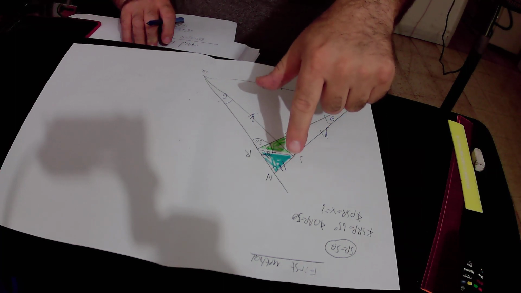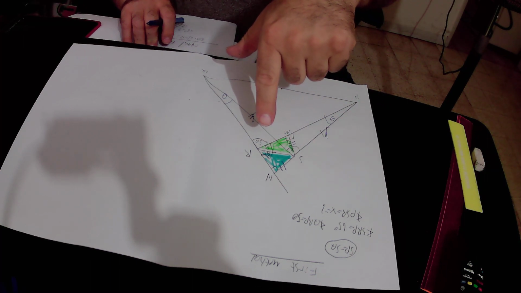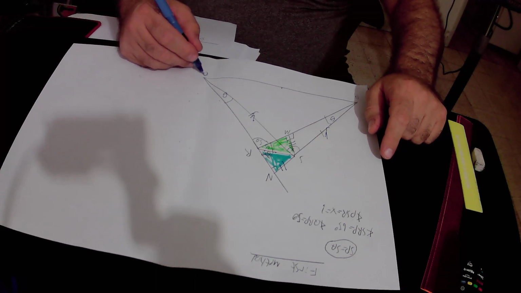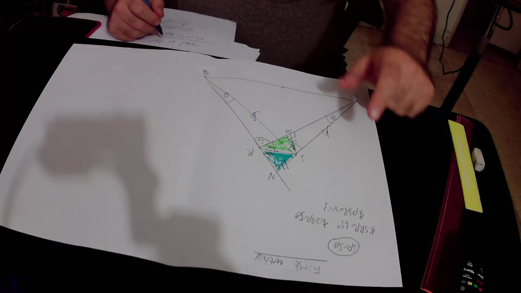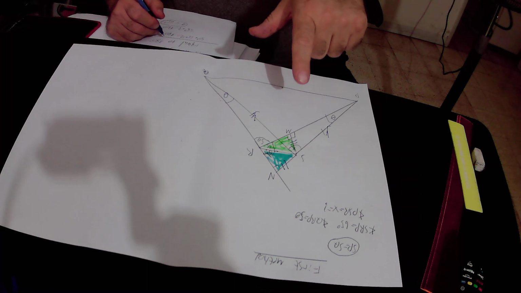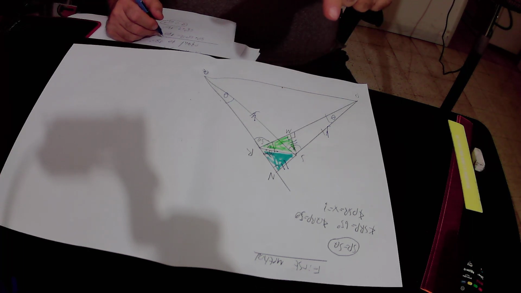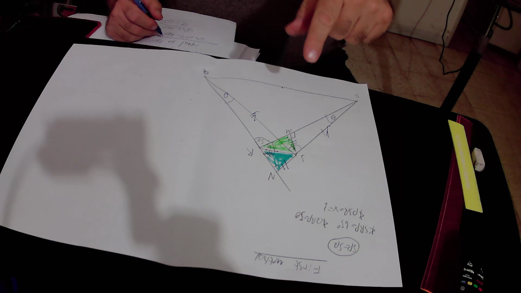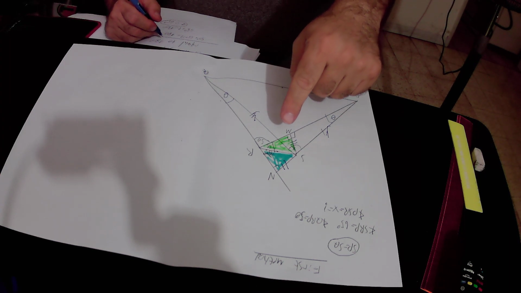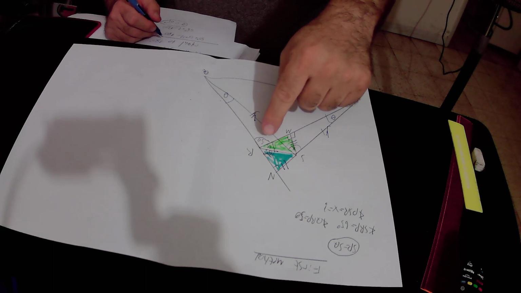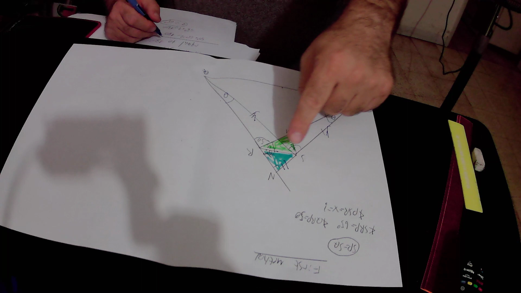So QN is a straight line, and if we look at it from the bottom side, according to rule number 1, the sum of the angles at point R will be equal to 180 degrees.